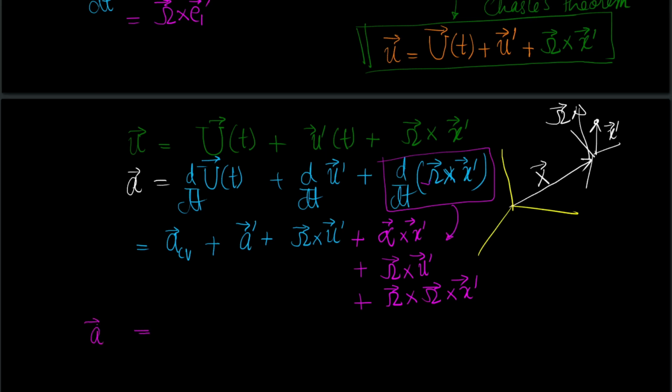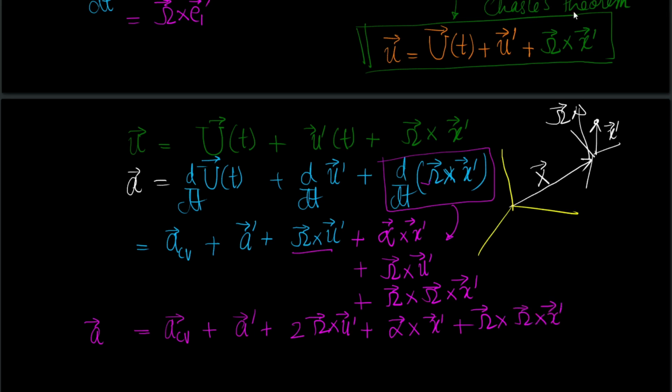So the acceleration as seen in the inertial frame is equal to the acceleration of the moving control volume, plus the acceleration of the object seen in the moving control volume, plus twice omega cross u prime, plus alpha cross x prime, plus omega cross (omega cross x prime). The first term is the acceleration of the moving frame.